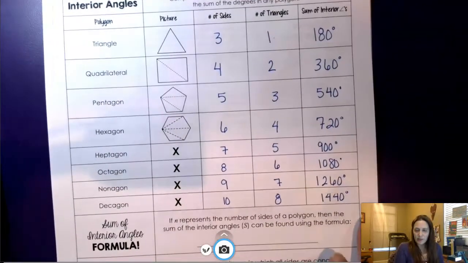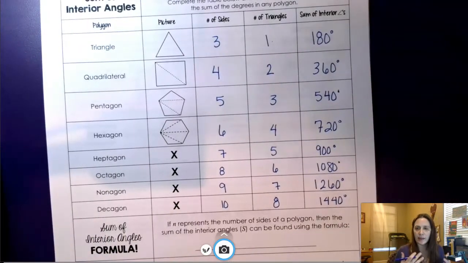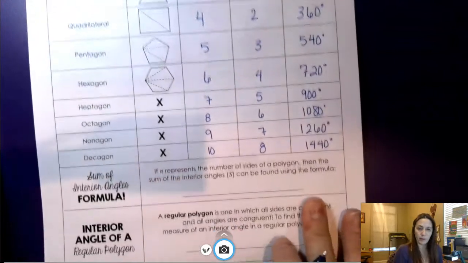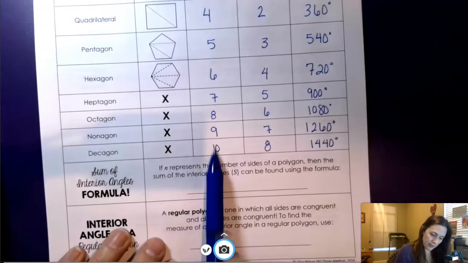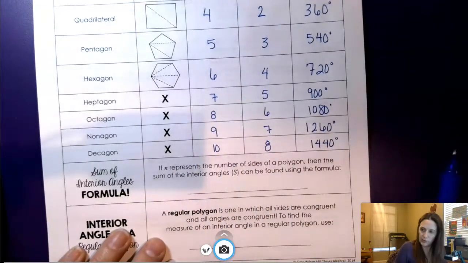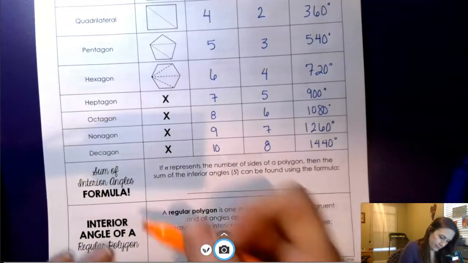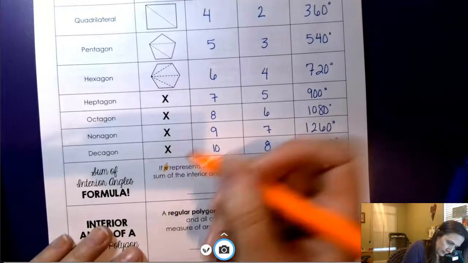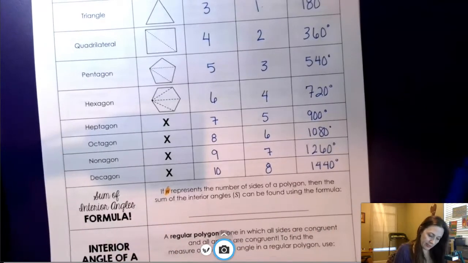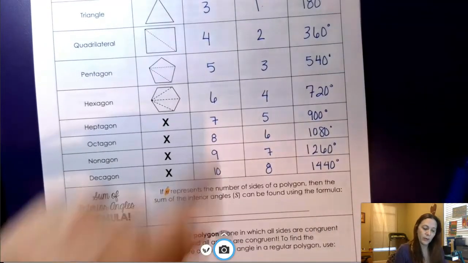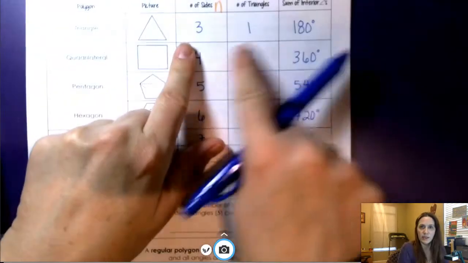So now if we look at this information, instead of creating it every single time, we can create a formula that would work in every situation. If n represents the number of sides of the polygon, then the sum of the interior angles is going to be what? What do I do with this number to get this answer?